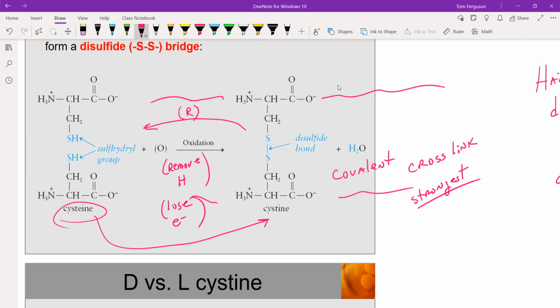reduce the disulfide bond by adding H's or adding electrons. So it becomes now two separate amino acids rather than one.